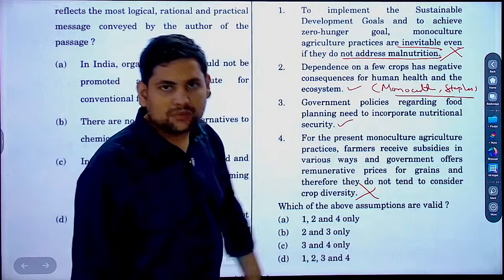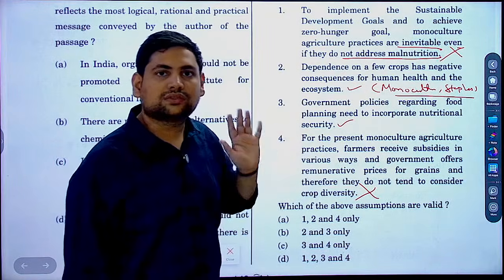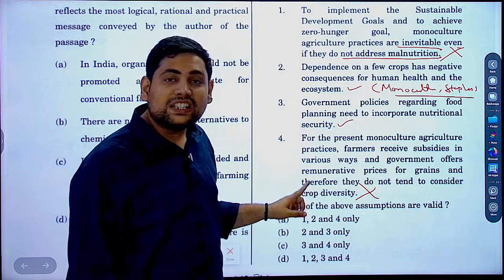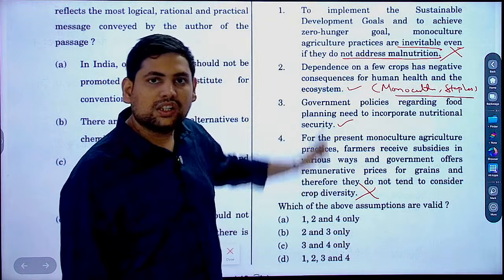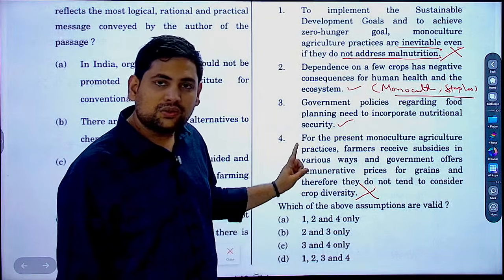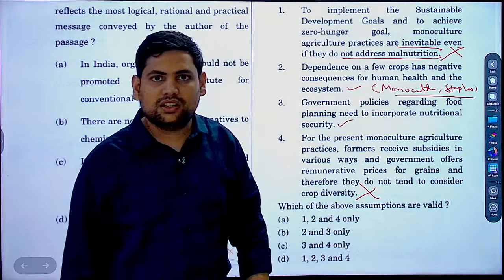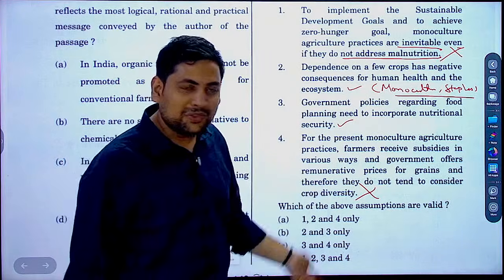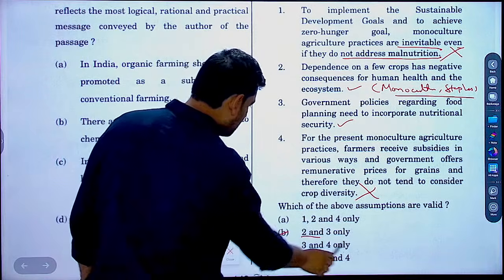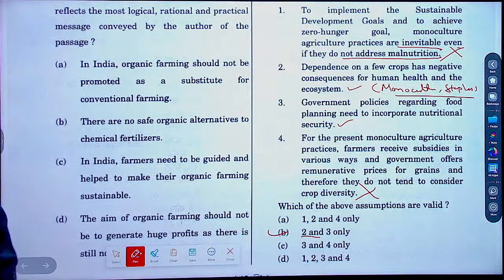The RC does not talk about government subsidy, PDS, nothing. This was put so that you understand what is your GS knowledge and what is given in the passage. According to GS, this is the most important reason, but the passage does not even mention it. So 1 and 4 are gone, 2 and 3 are left. Answer becomes B, 2 and 3.